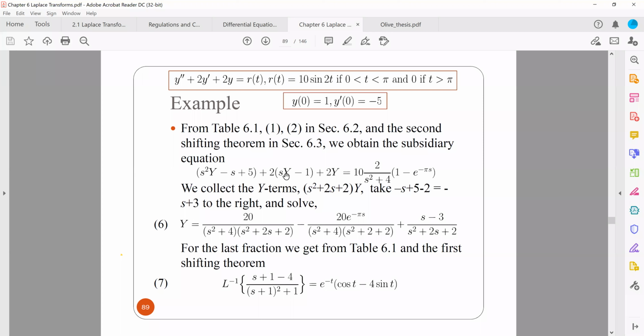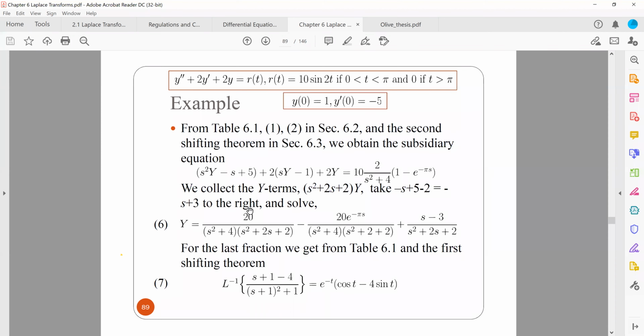And then we have 2s. For this, we have 2(sY minus 1). And then here we have 2Y. And then again, getting the Laplace transform for r(t), it's a sine, so we get this. But because it's 0 beyond pi, that tells us there's some kind of step function, and this is how we've represented it: we have 1 minus e to the minus pi s.